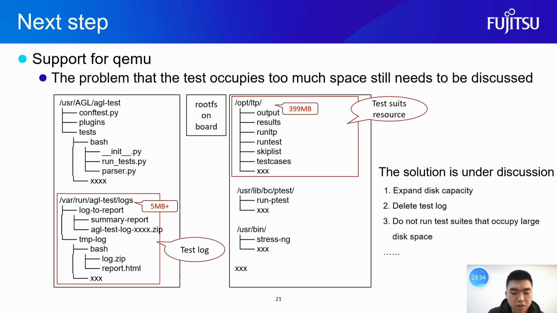We're still discussing some options for this issue, such as we can appropriately increase the default compilation space for QEMU. We can delete part of the test logs, or we just do not run tests that take up a lot of space, and so on.